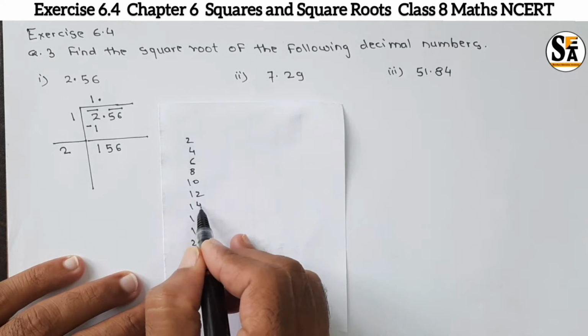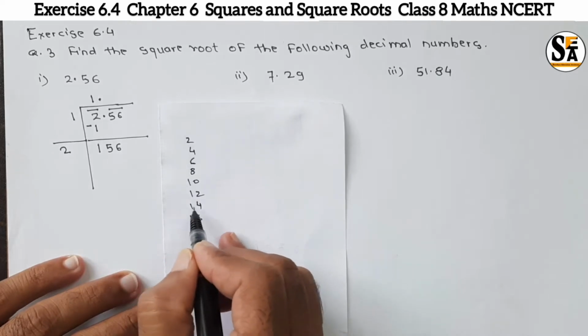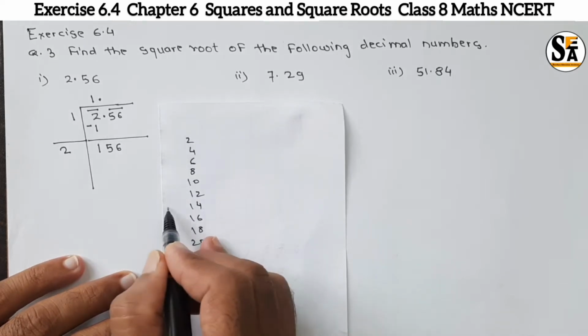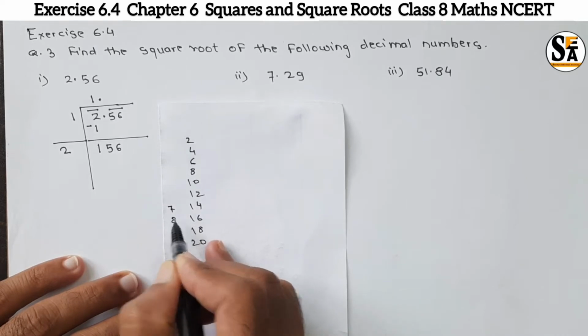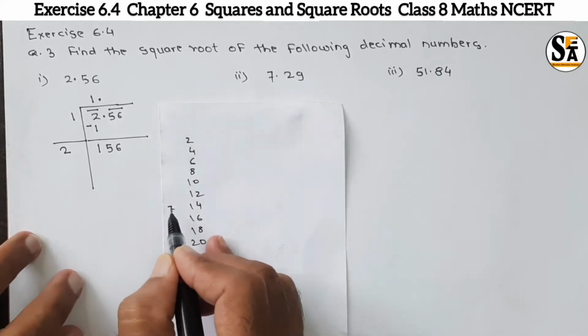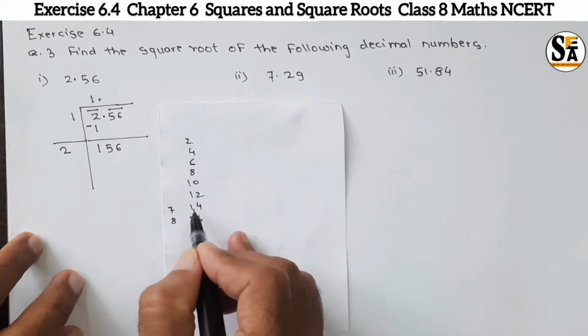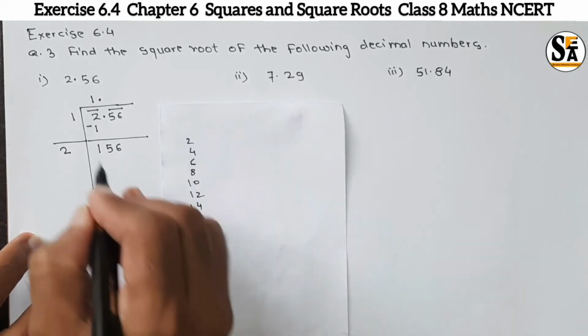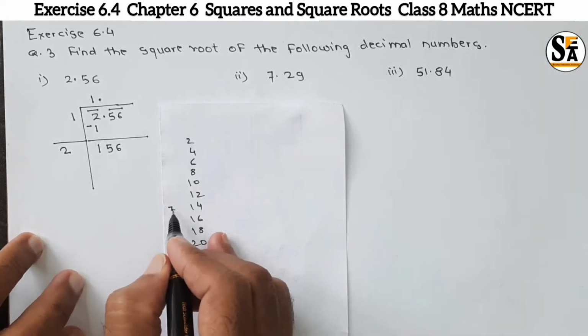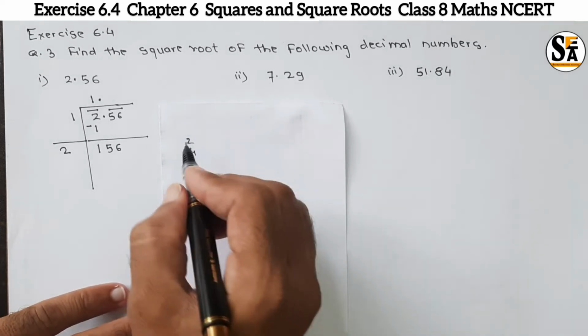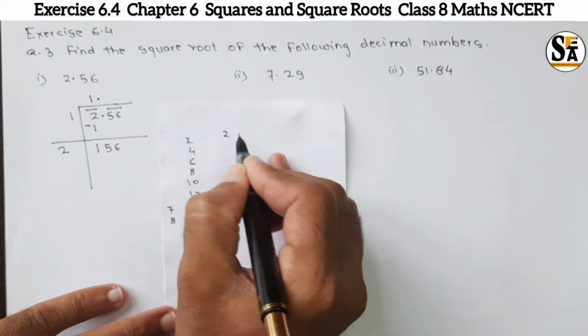15 lies in between 14 and 16. Means 2 7s are 14 and 2 8s are 16. So guess the number 7, because 14 is less than 15 and 16 is greater than 15. So try with 7. What will be the number if we put 7 here?